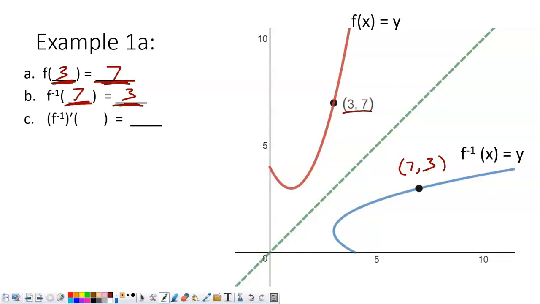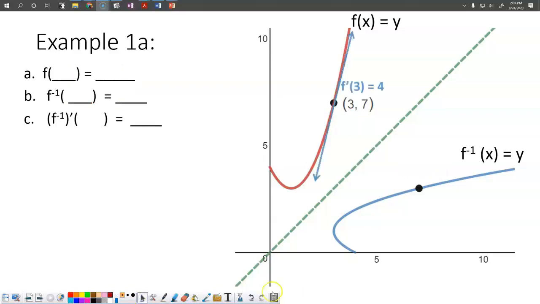Now, before you can do part C, I have to tell you something about A. I don't know if I did this or not. Let me see. And yes, I did remember to do this. My numbers got off balance. There we go. Okay. So I drew a tangent line here at the point 3, 7 on the f function. And I wrote up here that the derivative of f at x equals 3 is 4.